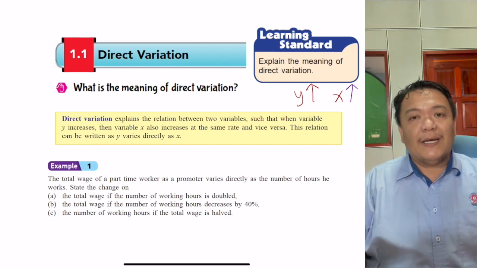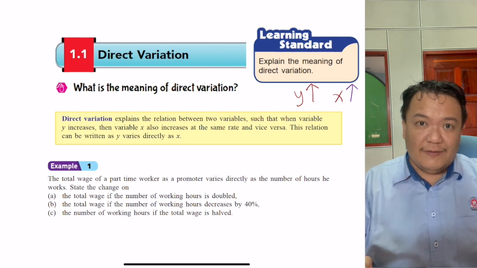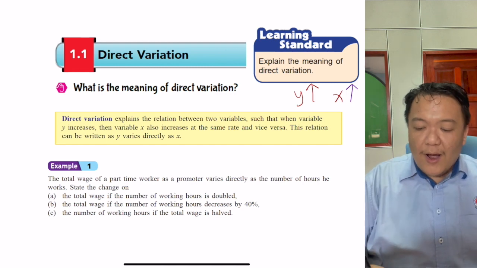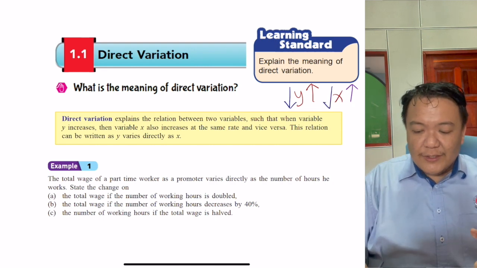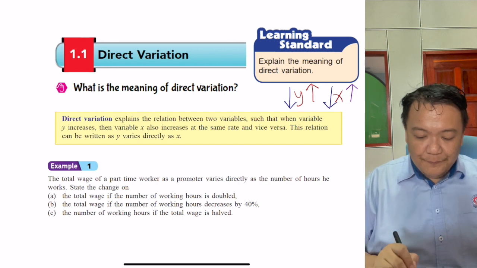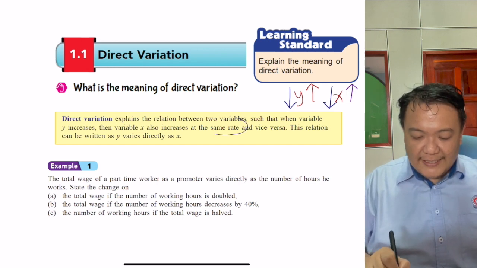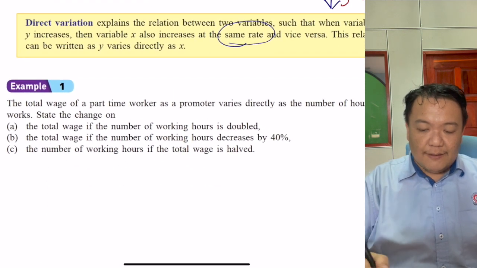Kalau y meningkat 50%, x also increases 50%. If your y is decreased by 2%, for example, then x also decreases by 2%. What does it mean by same rate? Okay, boleh? Let's look at the first example.